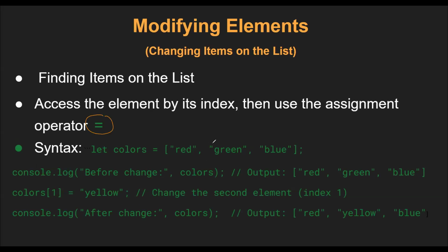If I wanted to change this red into yellow, we have the equals to method. Look, what we did here: we created a colors array, and inside that array we added red, green, blue.